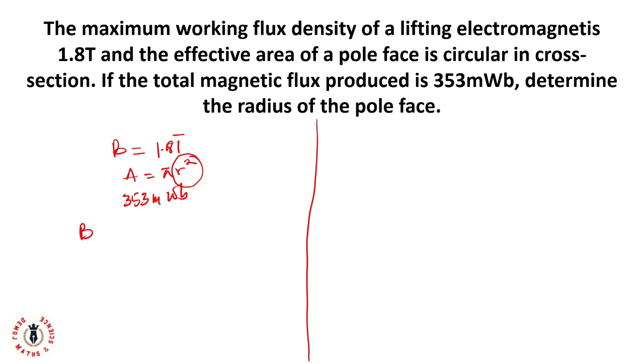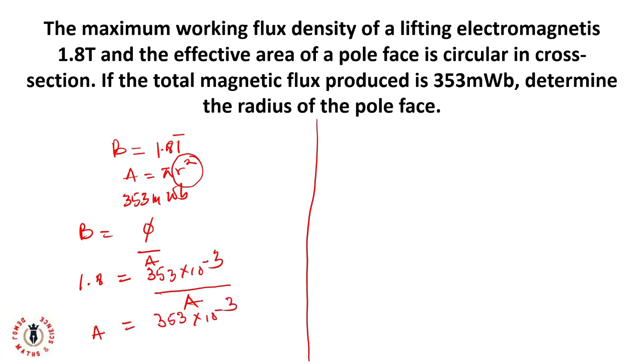Now we know that B is equal to phi over A. Here we've been given B to be 1.8, which will be the same thing as phi, which is 353 times 10 raised to the power minus 3, over area A. So that my area A now will come from 353 times 10 raised to the power minus 3 over 1.8.